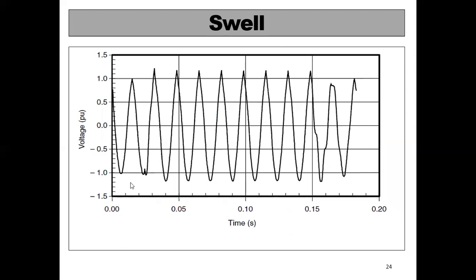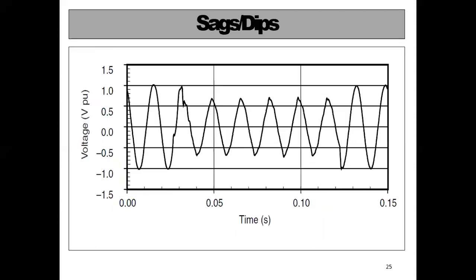What is swell? The swell means an increase in voltage above the normal rated voltage. This is your 1 per unit, the rated voltage. The voltage increases for a period of less than 1 second or 1 minute. Sag means a decrease in voltage from the rated voltage for a period of less than 1 second or 1 minute.